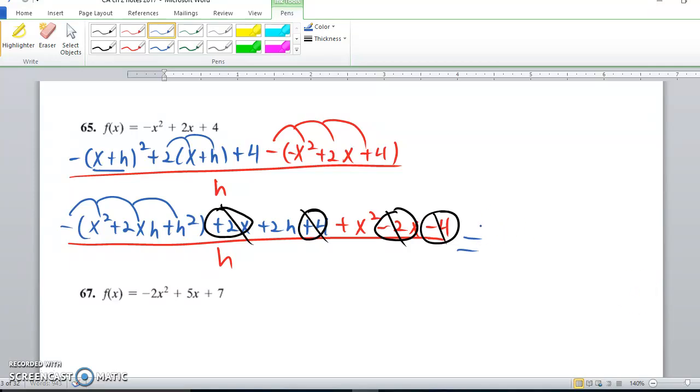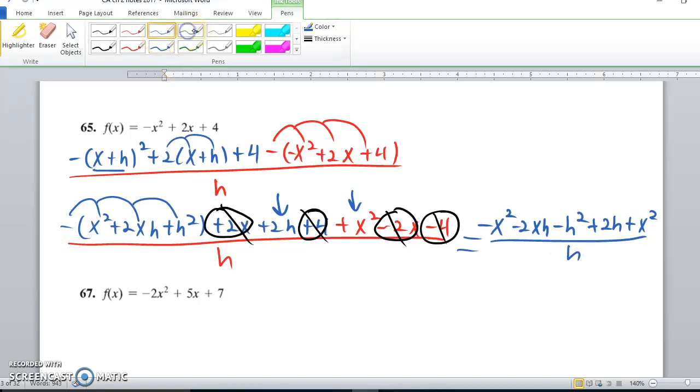So we're going to have a negative x squared minus 2xh, minus h squared, and then this was left behind from what wasn't canceled out. So let's see, a plus 2h and a plus x squared all over h.